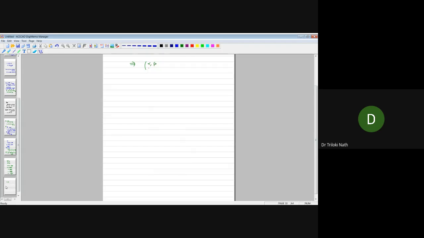the matrix alpha, beta, gamma, delta can be expressed as a linear combination of the matrices u1, u2, u3 and u4.